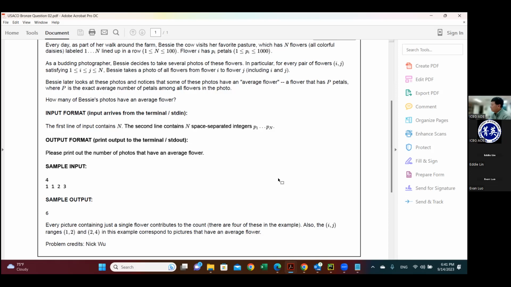This one is a brute force. You do not have a shortcut because you see the number is very small. So it's really just, you need to exhaust all the possibilities.